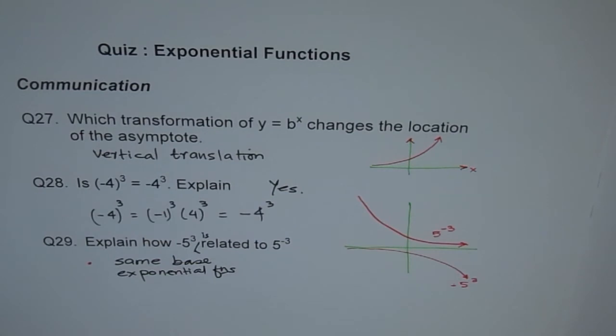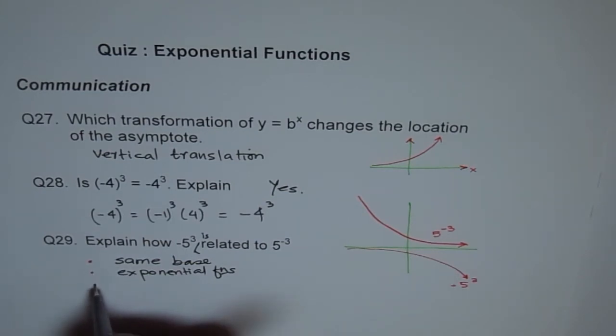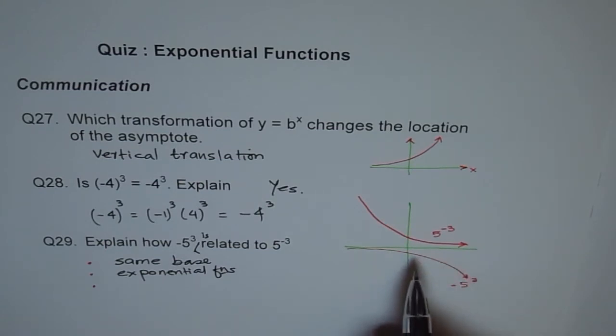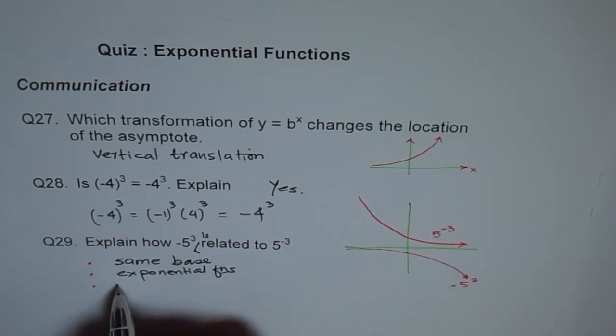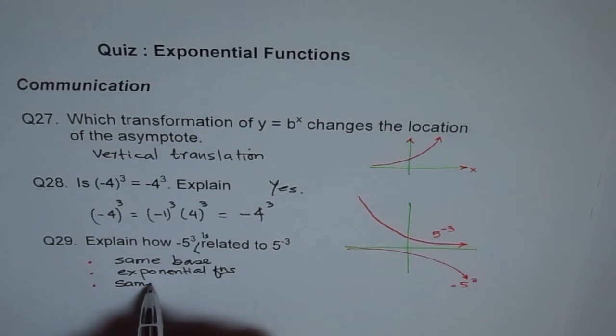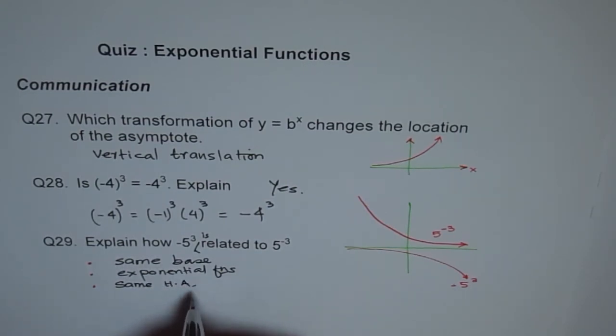These two you could always write. Now third, you can see from their characteristics that their horizontal asymptotes are the same. So they have the same horizontal asymptote. So I am writing HA, which is the x-axis, whose equation is y equals 0.